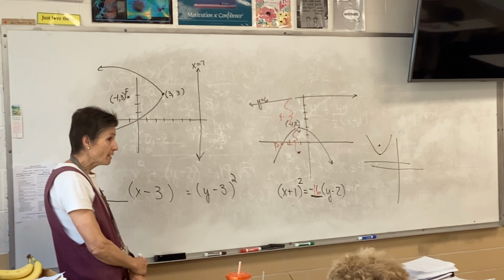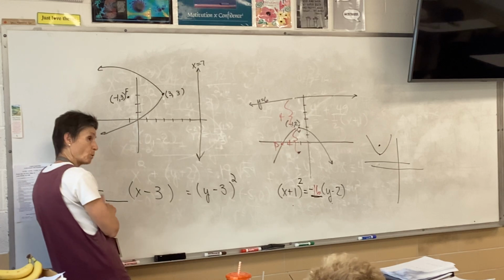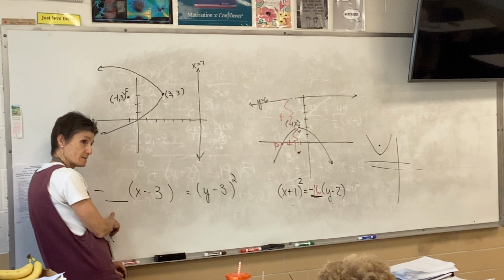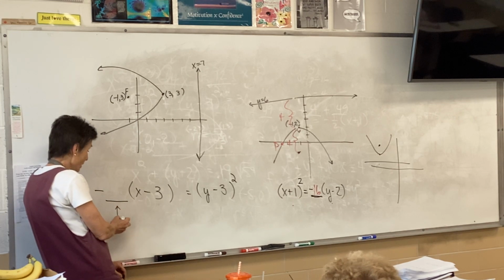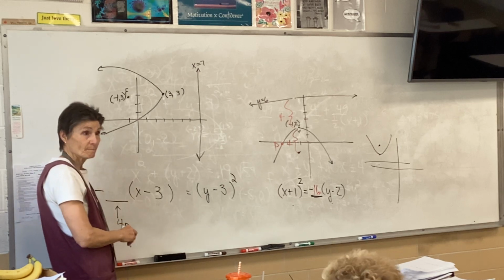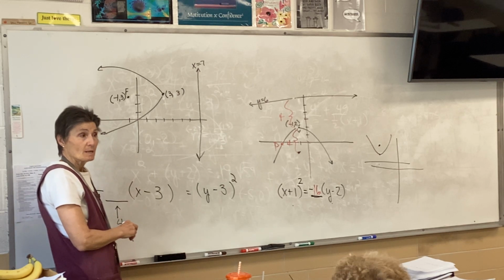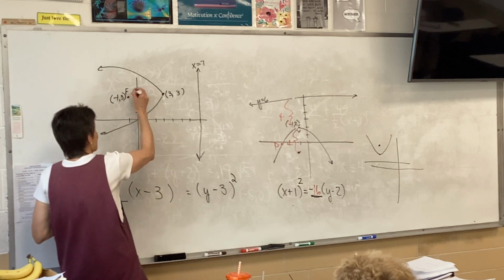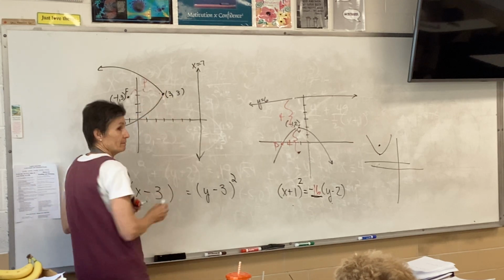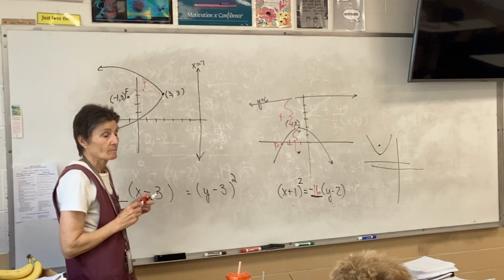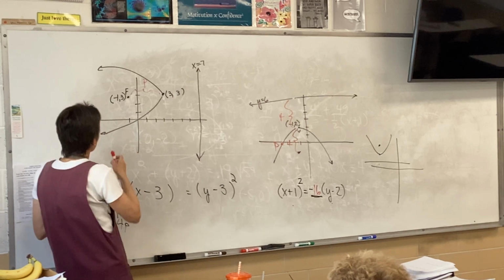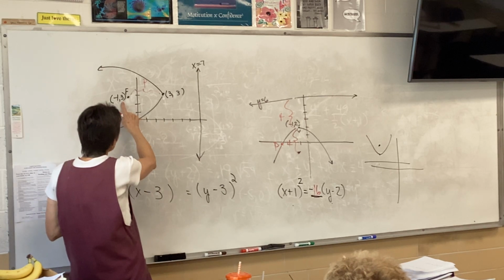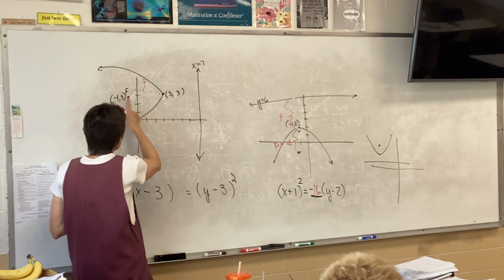Now, the only thing left we have to figure out is this number. We know it's negative, but we don't know what it is. But we know that it's always 4p. And we know that this distance right here is p. Well, what is that distance? How far is it from -1 to 3? How many steps do I go?